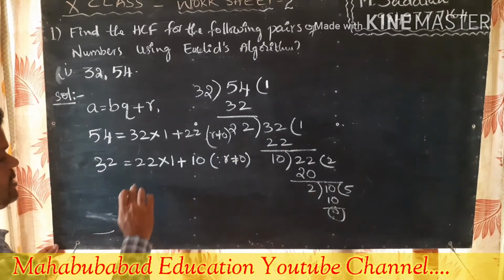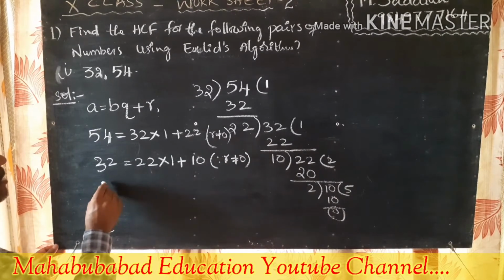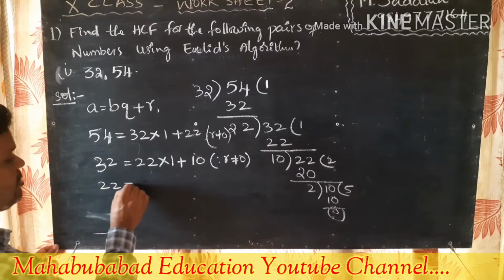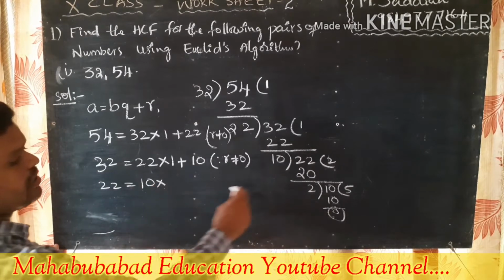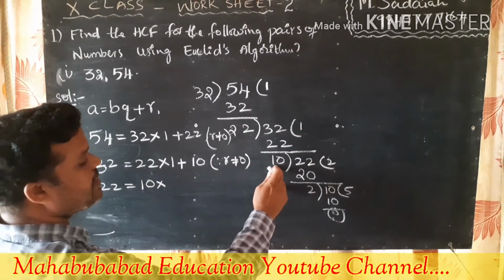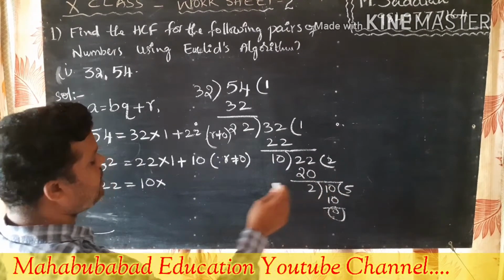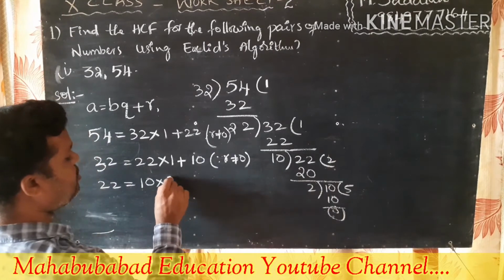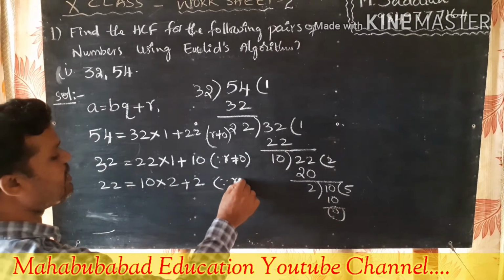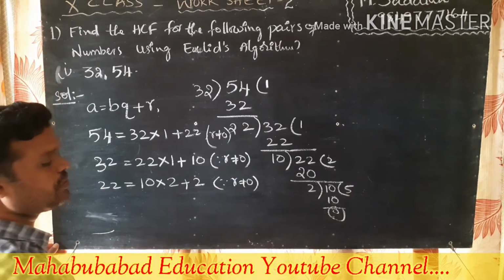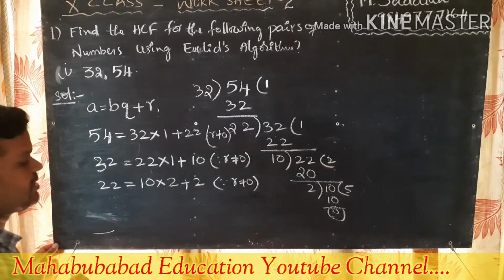Continue this process: the divisor becomes the dividend. 22 is divided by 10, we get the quotient 2 and the remainder 2. Since again the remainder is not equal to 0, continue this process till the remainder is 0.